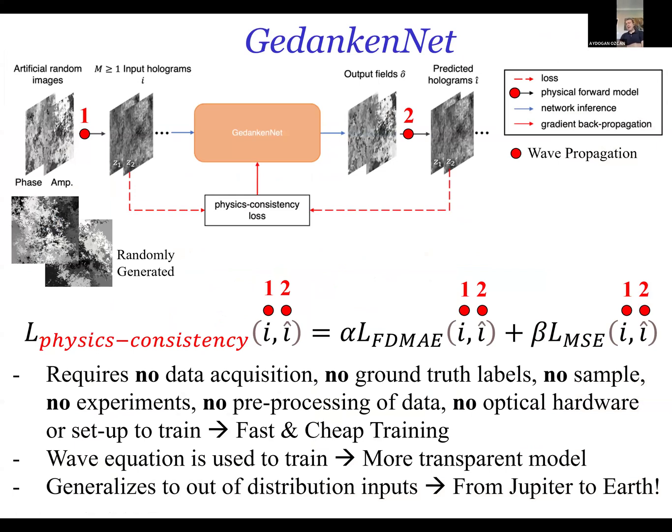That's why it has two distinct types of neural networks put together. One of them is operating in the Fourier domain. The other one is operating in the space domain. So this has modules that are learnable filters in the spatial frequency domain and the space domain directly. That's why it has two different loss functions to check the physics consistency.